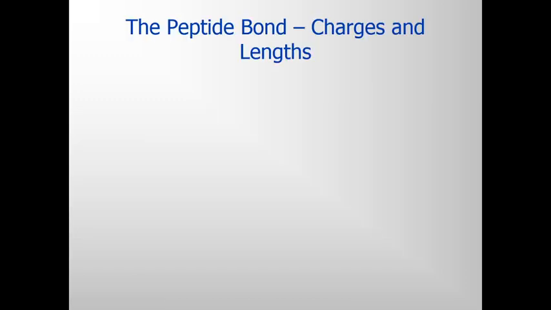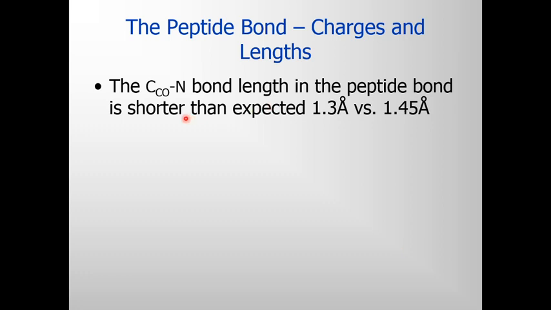The peptide bond or the amide bond has a property, and that is that the CON bond length in the peptide bond is shorter than expected. It is 1.3 angstroms versus 1.45 angstroms. Why is that? Think about it.